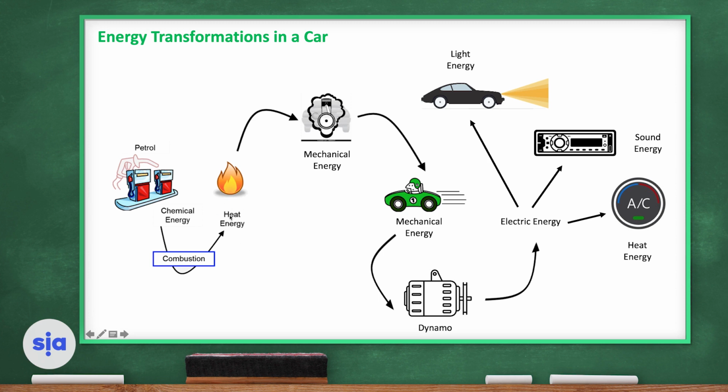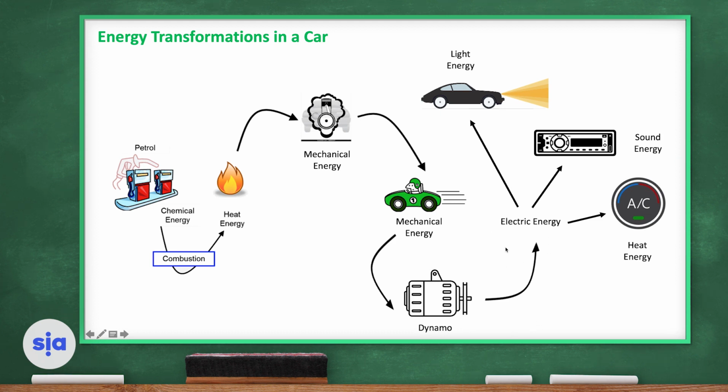This heat energy will cause mechanical energy in the motor of the car, and then the car will move. When the car moves, some of the mechanical energy is converted by the dynamo into electric energy.